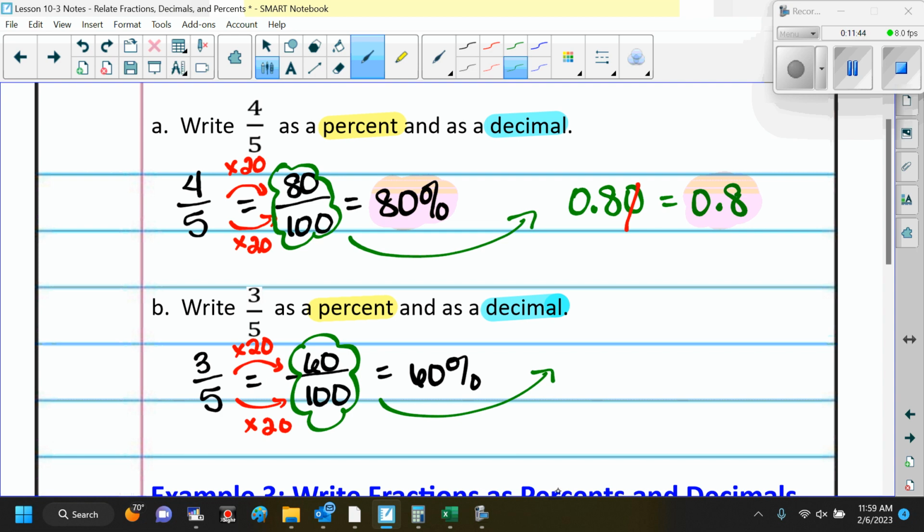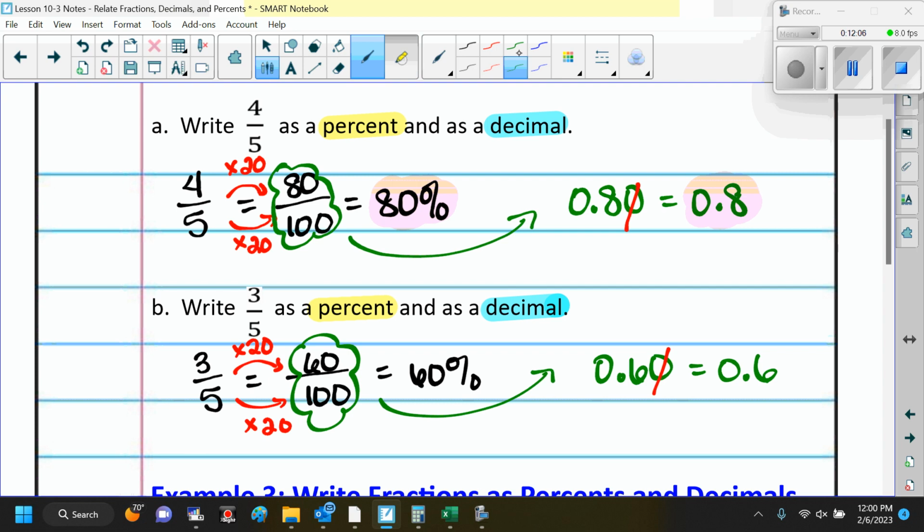So how do I write 60 hundredths as a decimal? 0.60. And of course, do I need that trailing zero? No, we don't need that. So we're going to write 0.6.